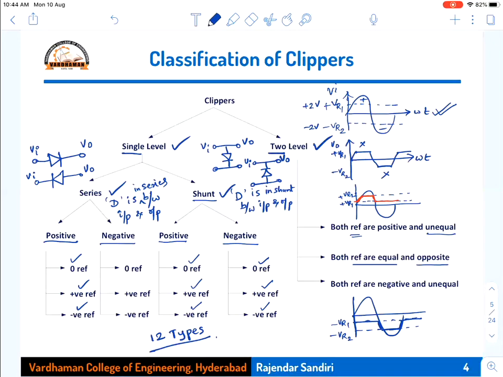I hope you all understood the waveforms, how they look, input and output waveforms for all these 12 types of single level clippers plus 3 types of two level clippers. Together there are 15 types of clippers: 12 are single level clippers and 3 are two level clippers.